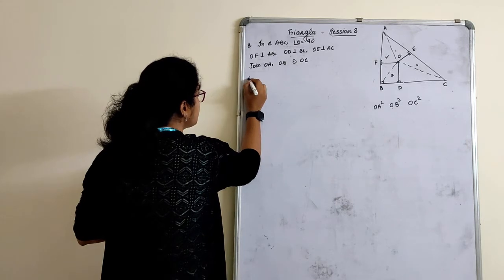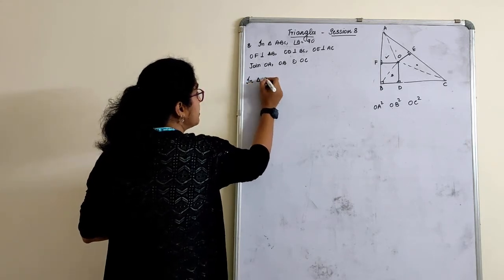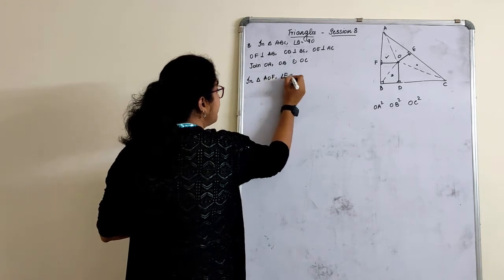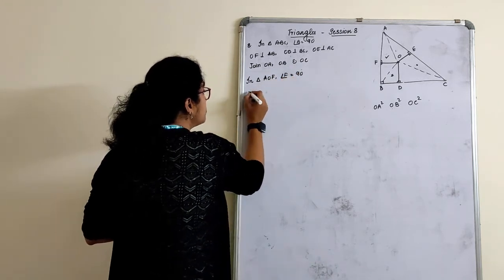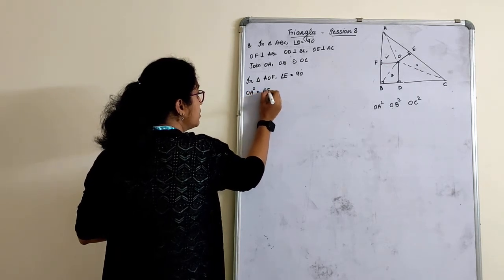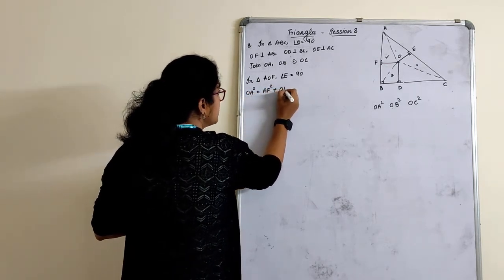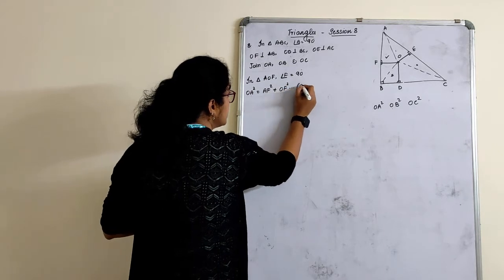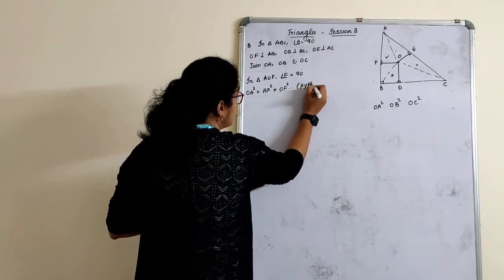Let's start. In triangle AOF, angle F is equal to 90 degree. So I will write here OA square is equal to AF square plus OF square. Reason, Pythagoras theorem.